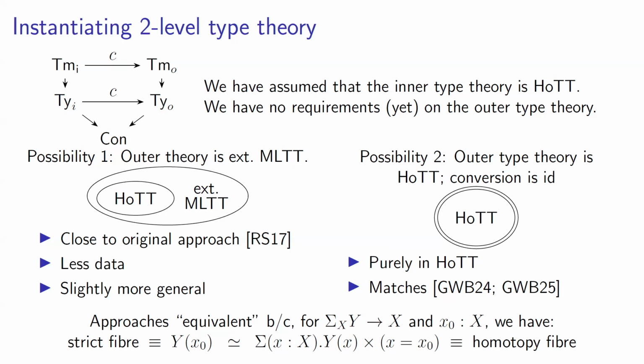Well, that makes sense, but this is not what we get if we just take the usual definition of the homotopy fiber of an arbitrary function. If we apply that definition and calculate what it is, we get something like some other point x in x and y of x, and an equality that x is equal to x0. But of course, these two different fibers are equivalent. So we are happy, and I think this in a nutshell explains why these two theories lead to very similar things. Okay, thanks.